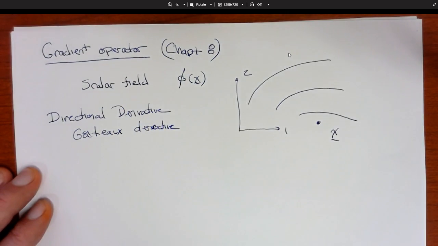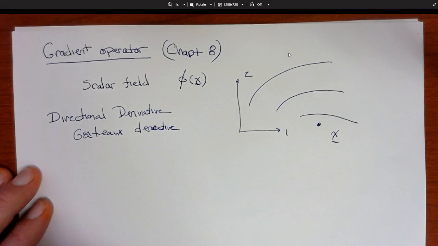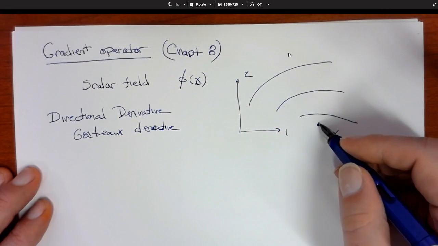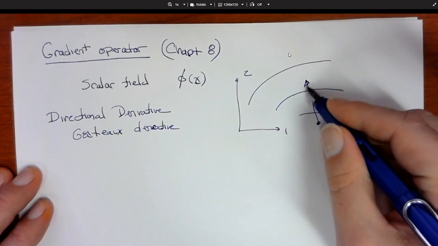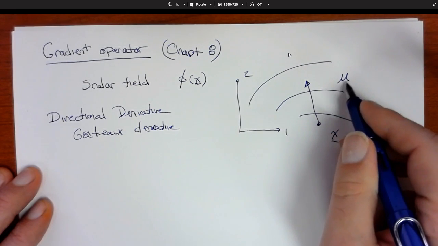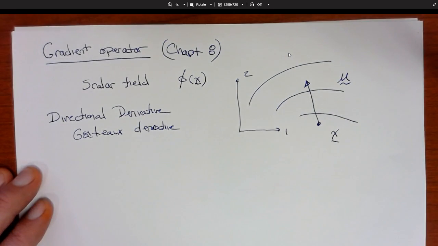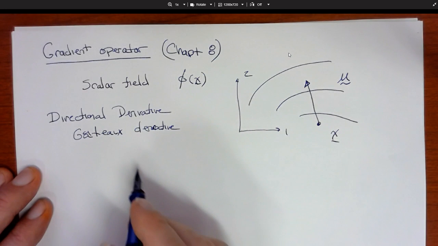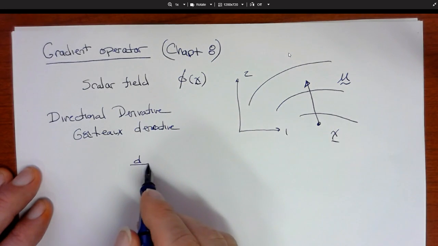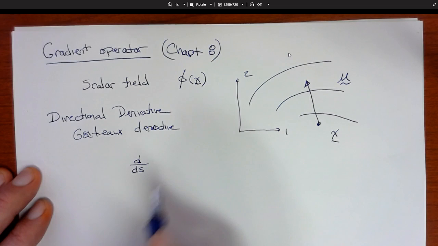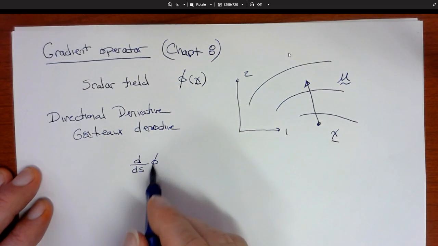Okay. All right. So if we consider a direction, and we'll define it with a unit vector, we'll let mu be a unit vector in a certain direction. You can think of the directional derivative as how phi changes in that direction.